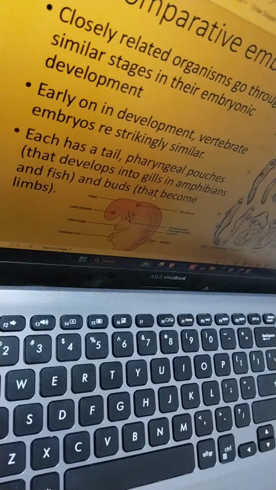Comparative embryology means closely related organisms go through similar stages in their embryonic development. Early on in development, vertebrate embryos are strikingly similar.